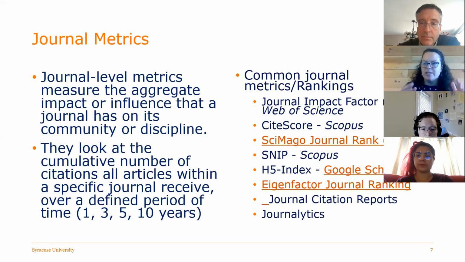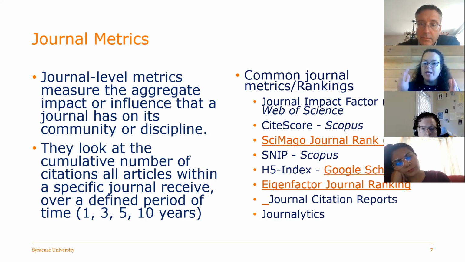How much attention is that journal getting? And something like journal impact factor, they're looking at the cumulative number of citations all articles within a specific journal receives over a specific period of time. So you may see a journal impact factor of 5 years. So it's basically taking the Journal of Communication Disorders. It's looking at all the articles published within the Journal of Communication Disorders over a 5-year period.